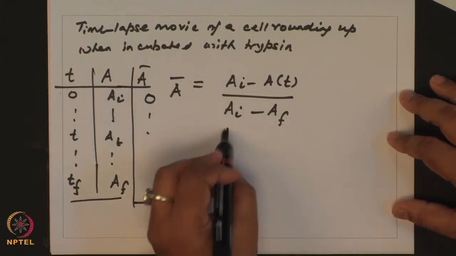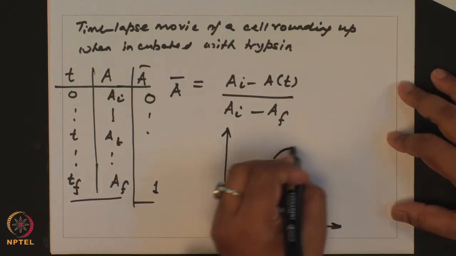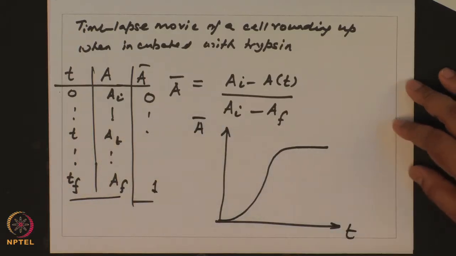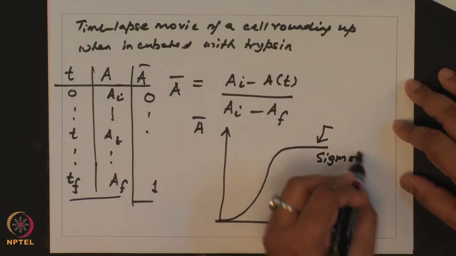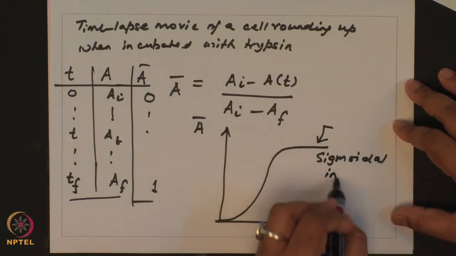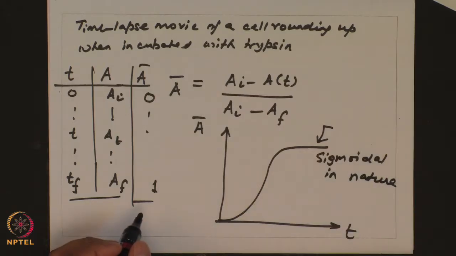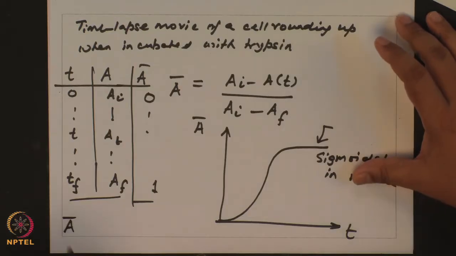So, if you plot A bar as a function of time, you would have a curve. Your A bar curves look something like this. And what has been observed is this curve is sigmoidal in nature. For a sigmoidal curve, you can fit this data by the following expression.